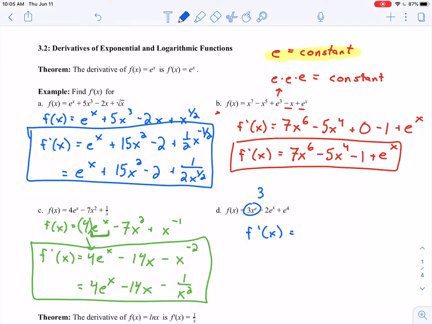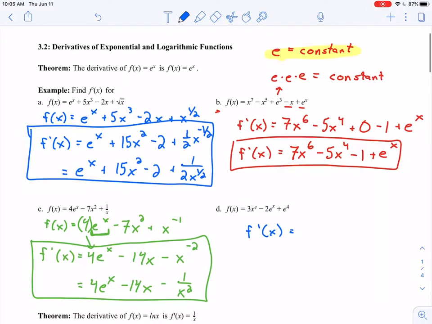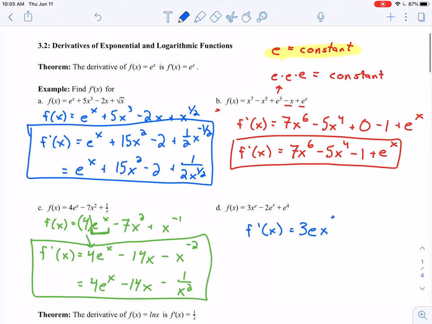The power rule says I multiply by my power, so 3 times e, x, and then I subtract 1 from my power, so I would have e minus 1. There's not really a great way to write that one, so I'm just stuck with 3 times e times x raised to the e minus 1 power. That's just what I'm stuck with here. I can't really do anything else. So that's just the derivative of this first term.